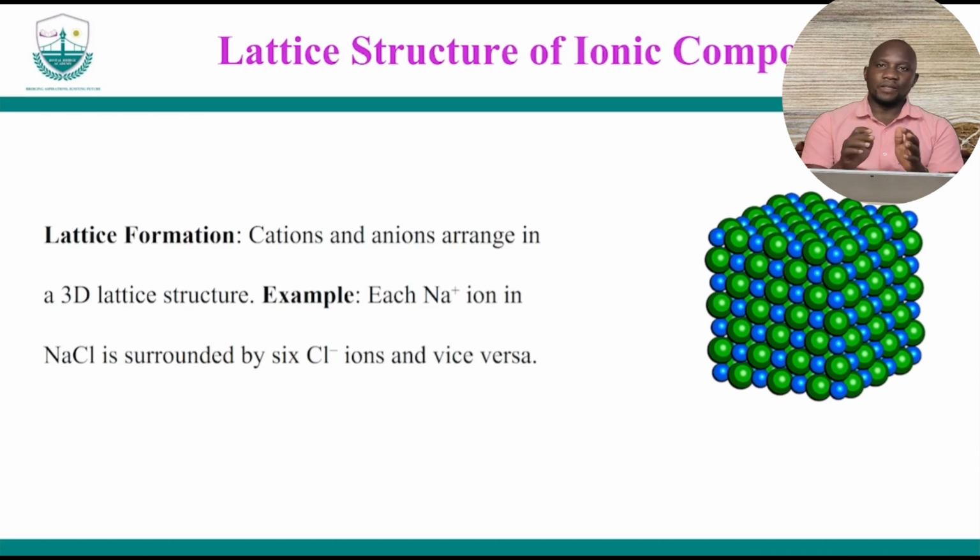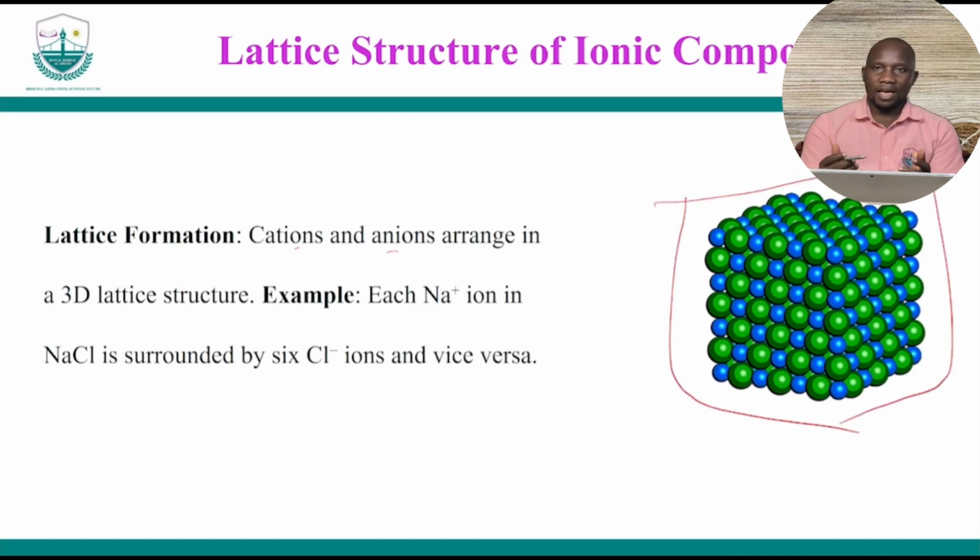The structure of, for example, sodium chloride, or basically ionic compounds, is that they form a large structure that we call the lattice structure or lattice formation. You have the cations, the positively charged ions, and the anions, the negatively charged ions, arranged in a structure like what you see here.